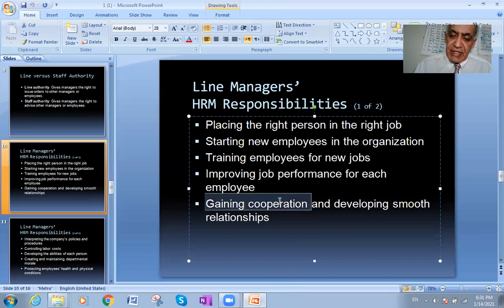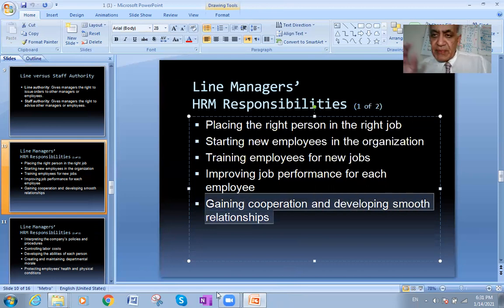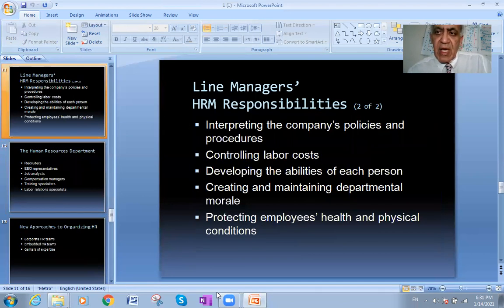Gaining cooperation and developing a smooth relationship should be a good relationship between the line manager and his employees. There must always be a good relationship, otherwise this will lead to panic and big problems. If the relationship is not good between the manager and the employees, that will make them fed up or frustrated.